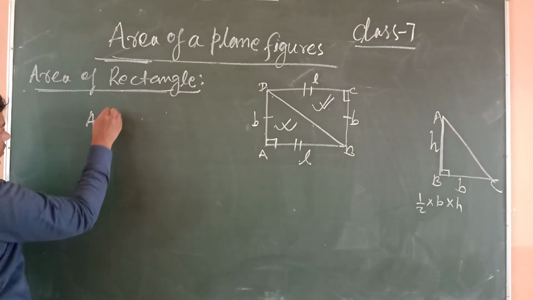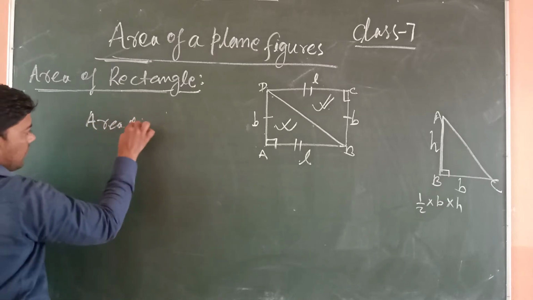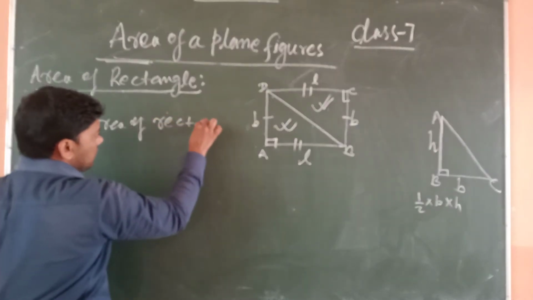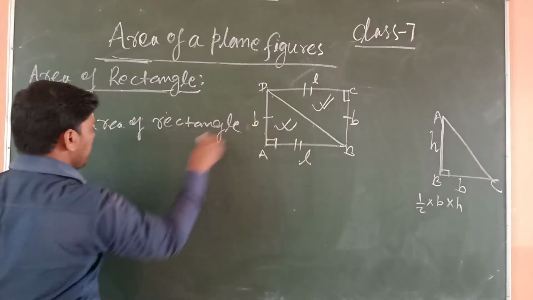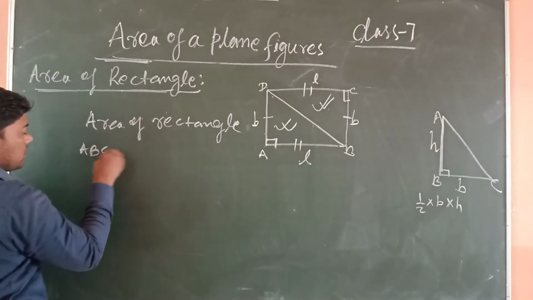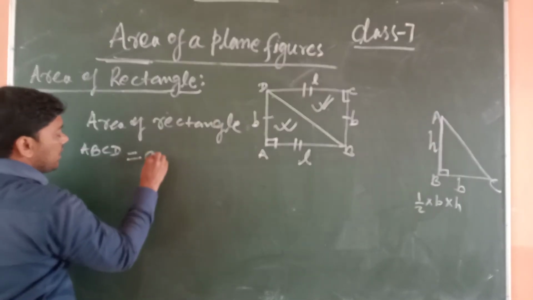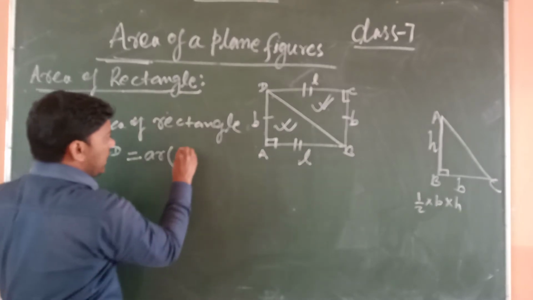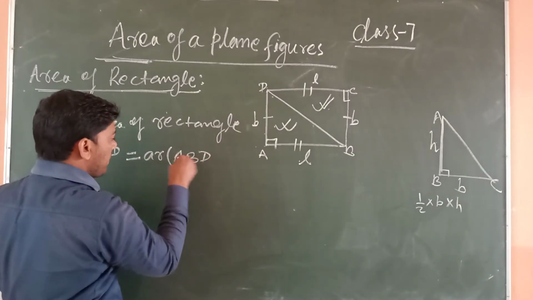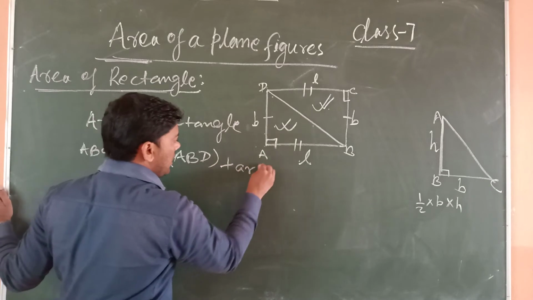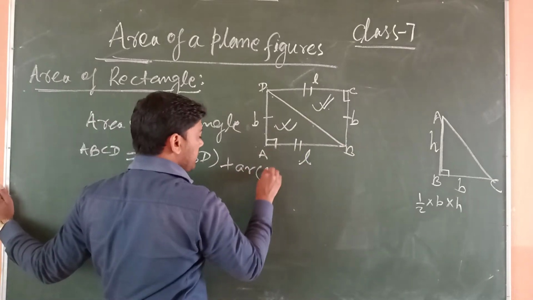Area of rectangle ABCD is equal to area of triangle ABD plus area of triangle BCD.